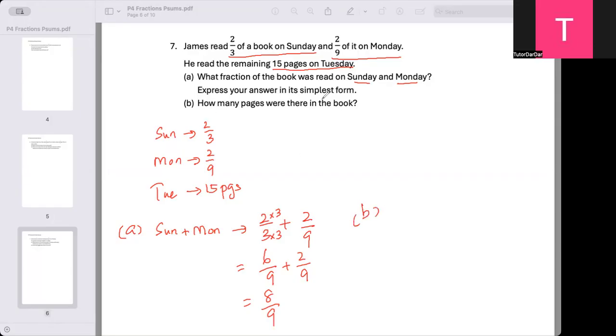How many pages were there in the book? The only clue we have is Tuesday. So let's look at this. 9 is going to be the total. 8 is the Sunday and Monday combined all together. So let's look through a model.